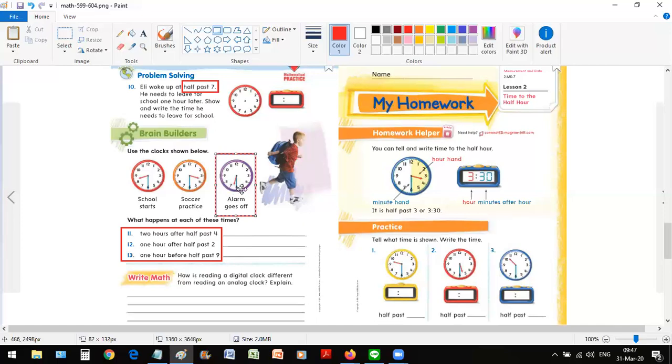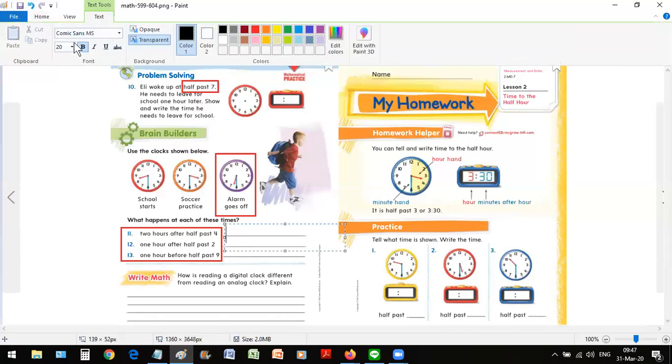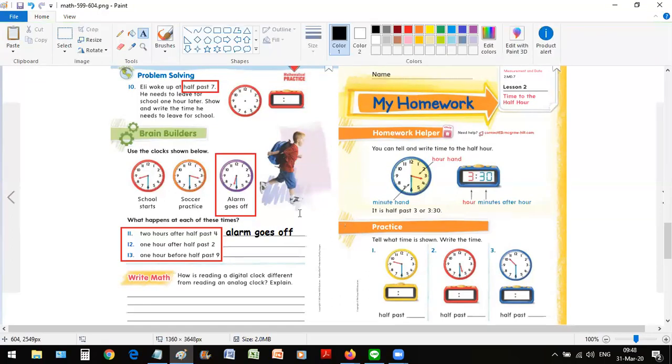That means 6:30. So you need to write down the name of the activity or the thing that happens at that time. Therefore, on this line, I'm going to write, maybe with smaller letters, that its alarm goes off. We just copy it from what is written under the picture. Basically, that's all. So for the other two, you complete them on your own.